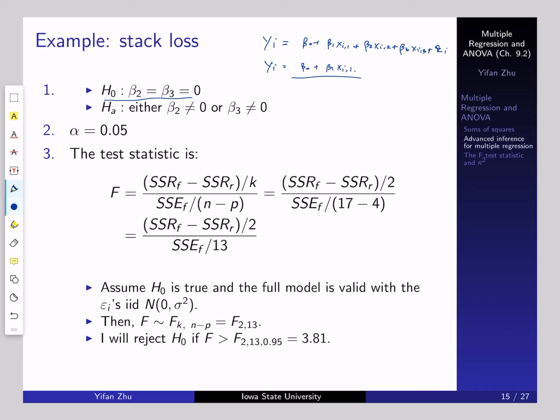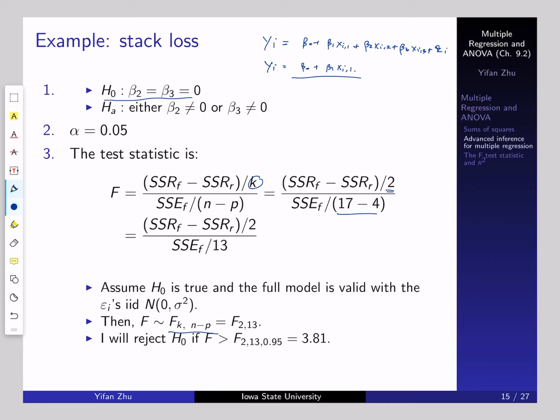The test statistic is SSR_F minus SSR_R over k. K is 2 because we have two extra parameters in the full model. N is 17 observations, and p is the number of parameters in the full model, which is 4. And the reference distribution is F_{k, n-p}.